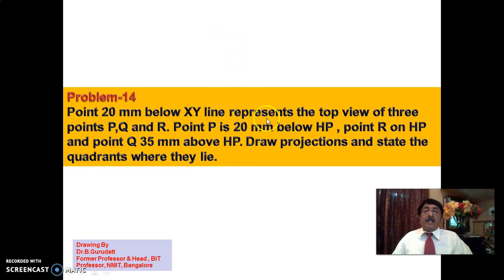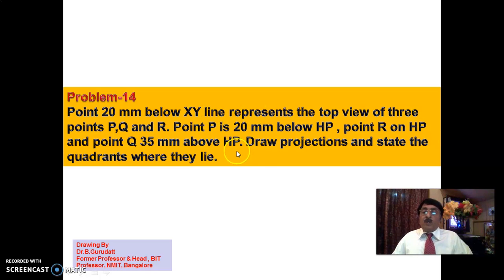In case they say it represents the front view of 3 points PQR, they should be one behind the other so that the front view is common. But here, the point 20 mm below XY line represents the top view of 3 points PQR, which means the 3 points are one below the other, and that too below XY line.